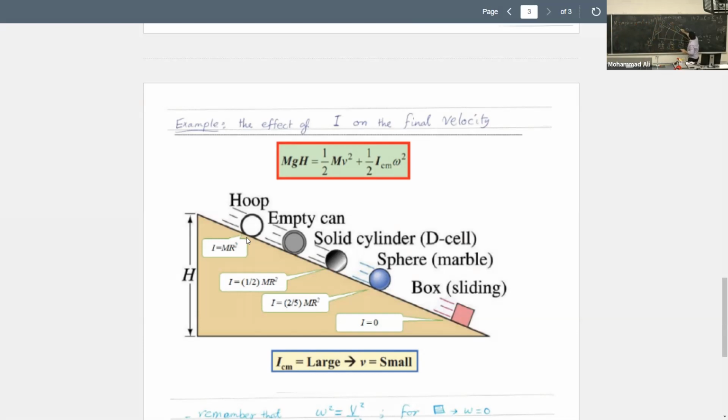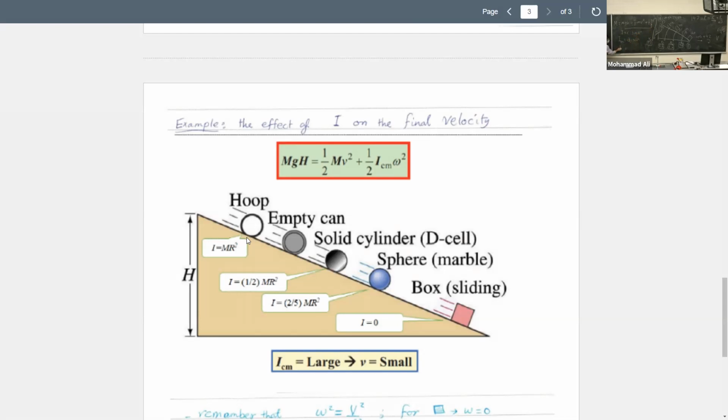Assume that r for them is all the same, but the difference between them is that I for each of them is equal to something multiplied by m multiplied by r squared. Remember that for a sphere, I is equal to 2/5 m r squared.